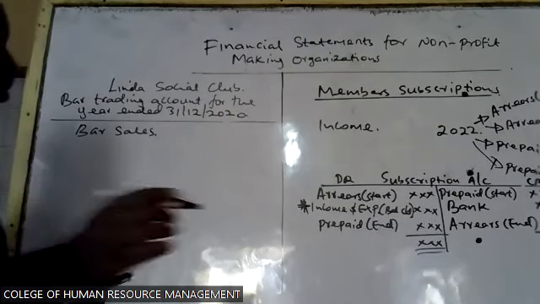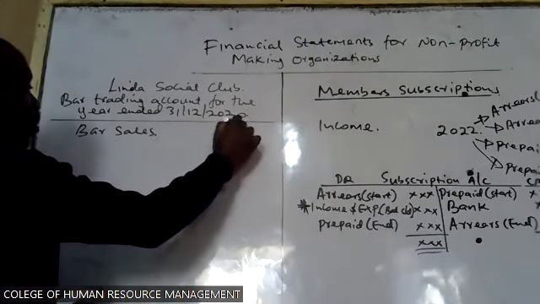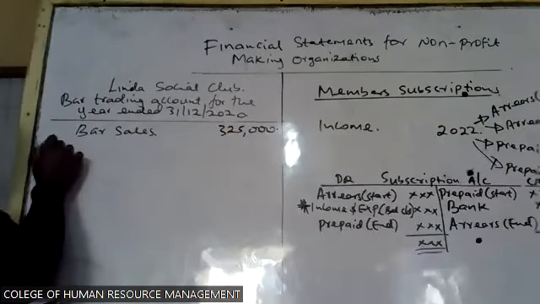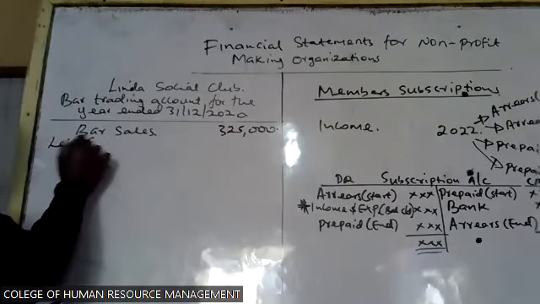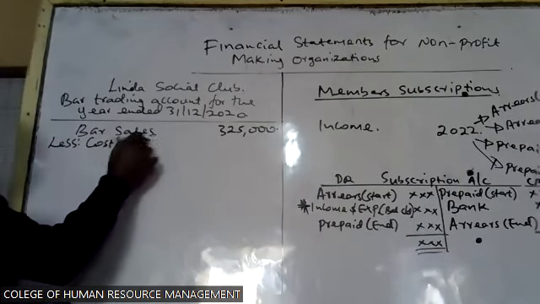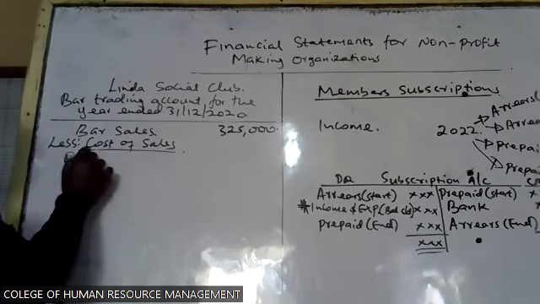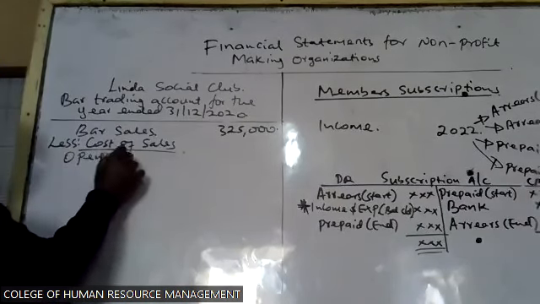That 325,000, you come here and put it here as the bar sales. Then you say less cost of sales. For cost of sales, we normally start with the opening stock or opening inventory.